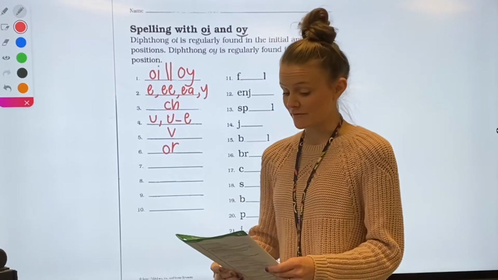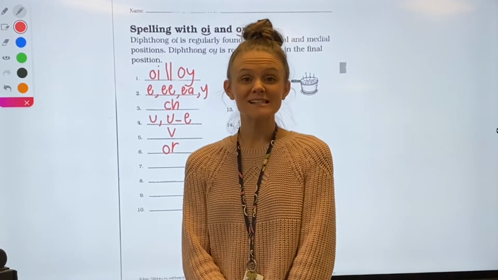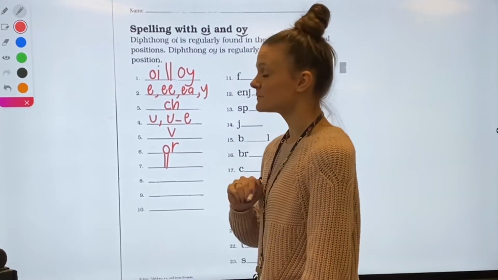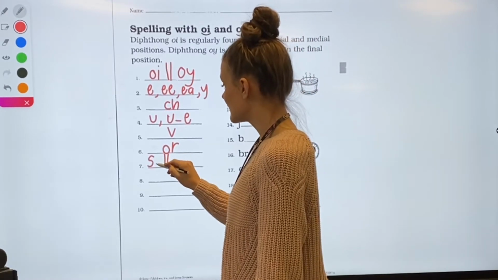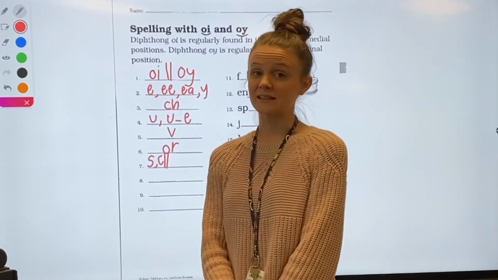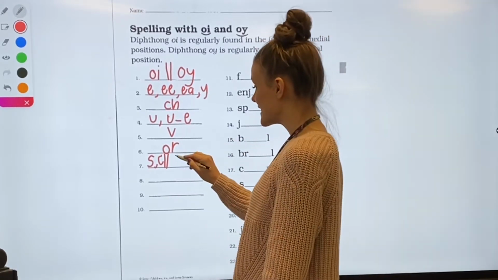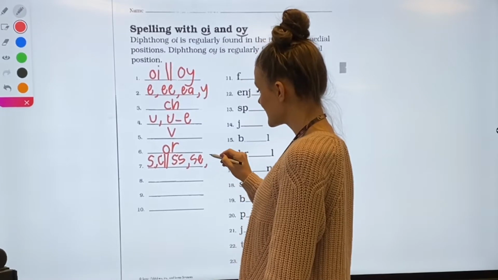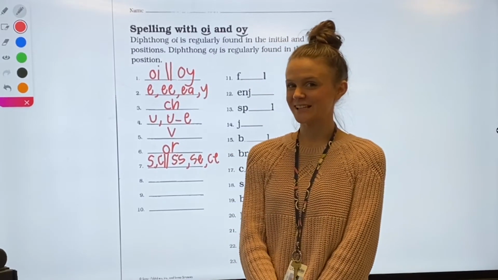For number 7, my letter sound is S. S. So I'm going to divide my line into 2 parts. At the beginning of a word, letter S and letter C can make the S sound. At the end of a word, S-S, S-E, and C-E can make the S sound.